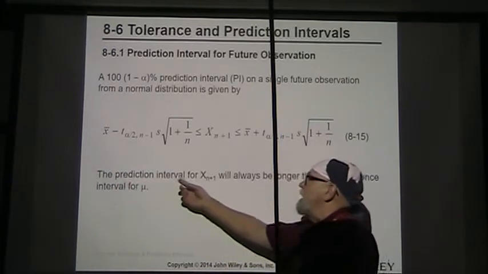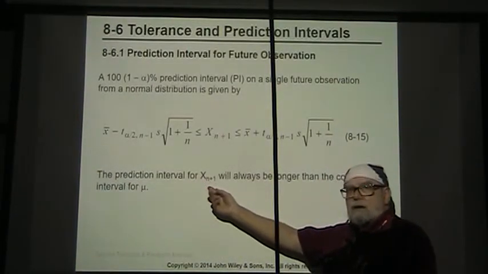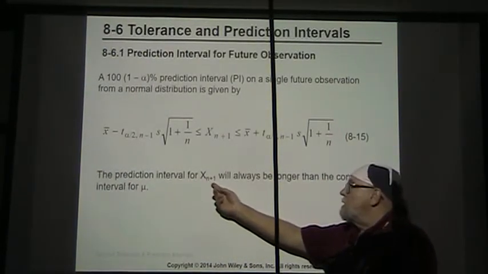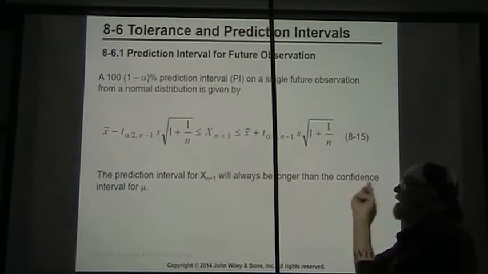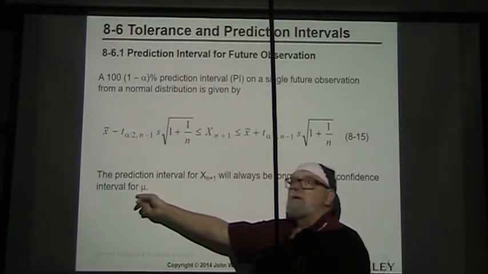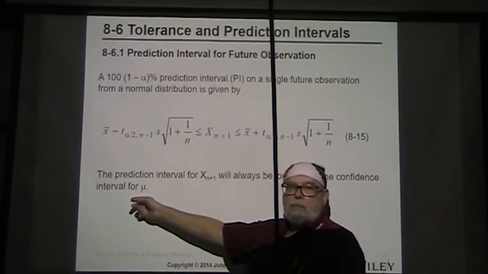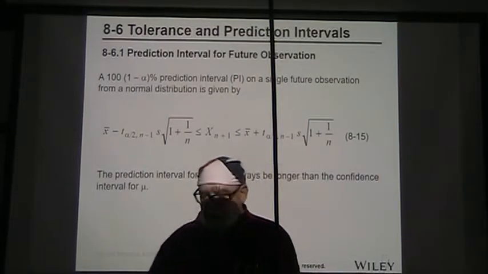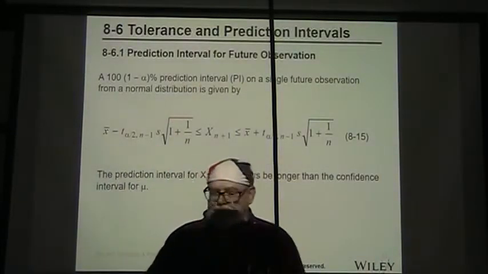Our prediction interval for x of n plus 1 will always be longer than the confidence interval for mu, our population mean. So there, take that.